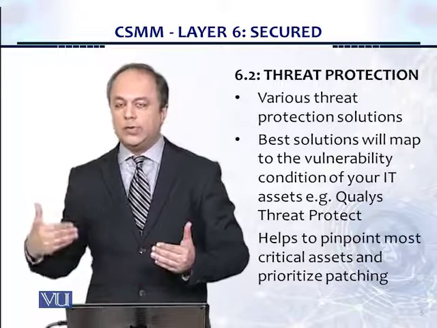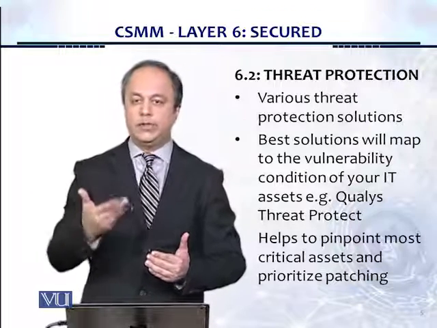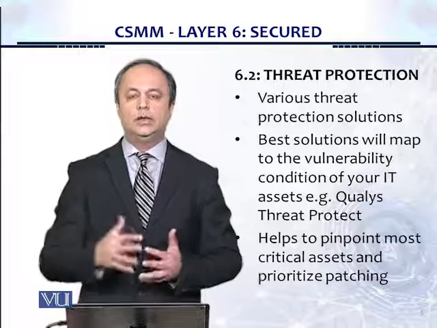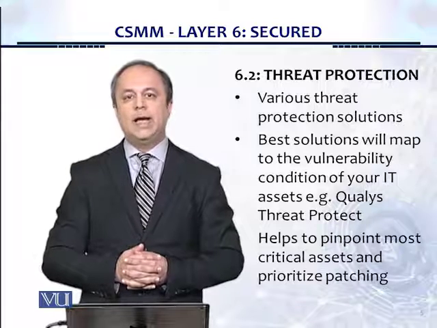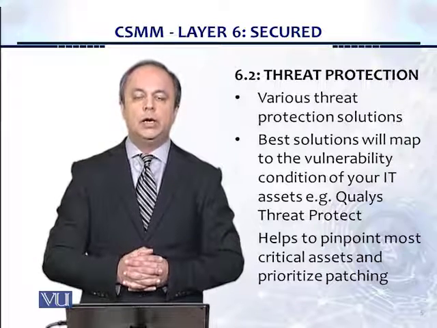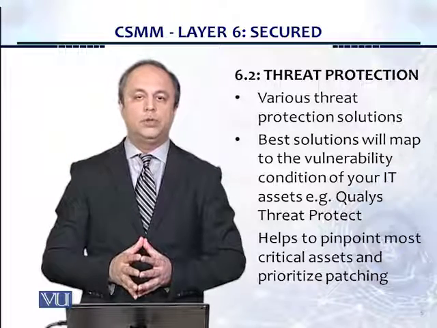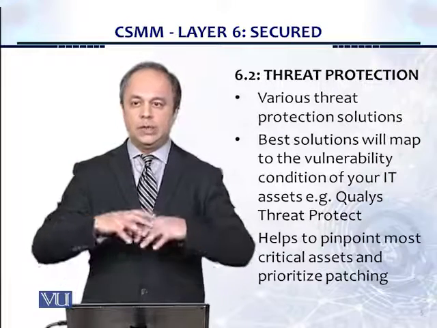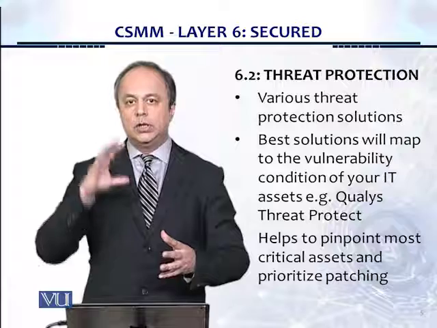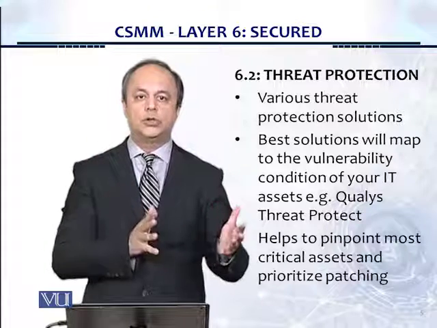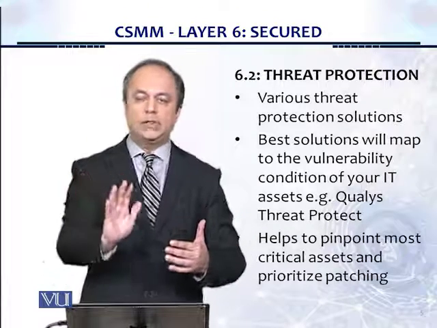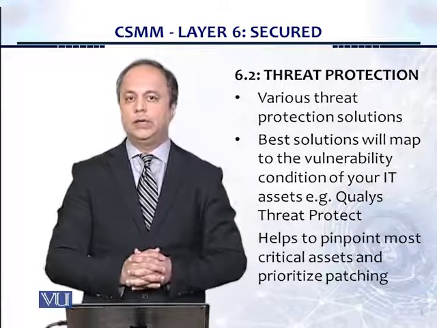Whenever there are new threats which come up, with the help of threat intelligence, it will tell you and help to prioritize which of those assets are affected, based on what your patching condition is. It will tell you which are the highest and most serious risks in your entire enterprise based on the new threats and the new vulnerabilities that have been announced.